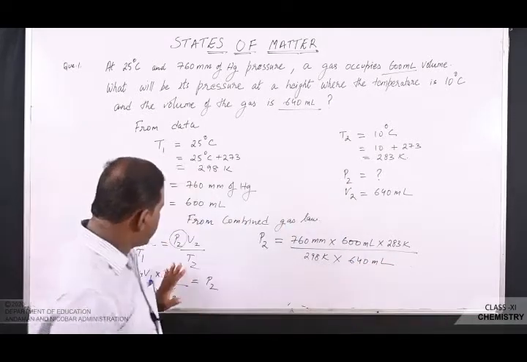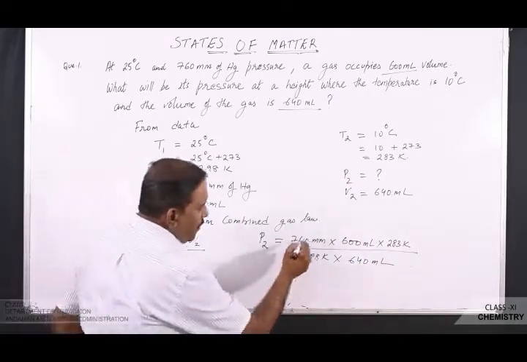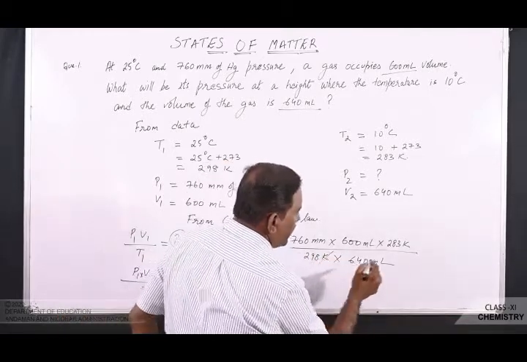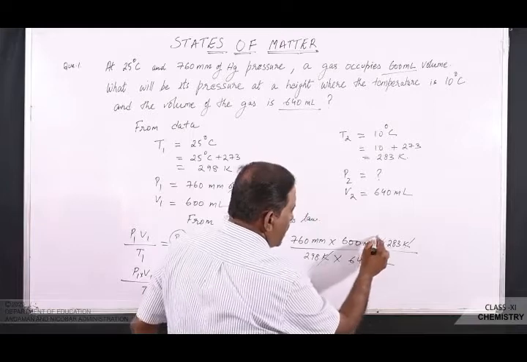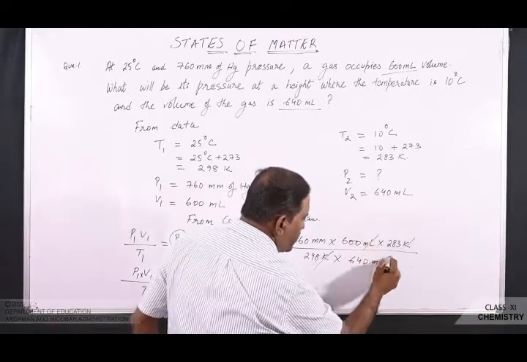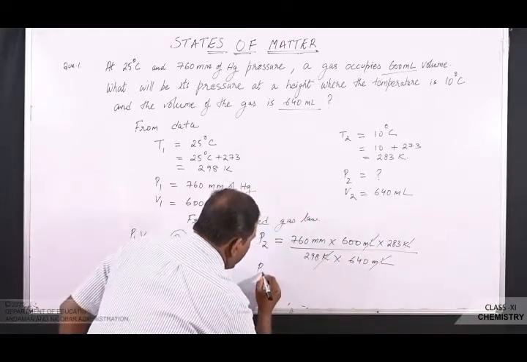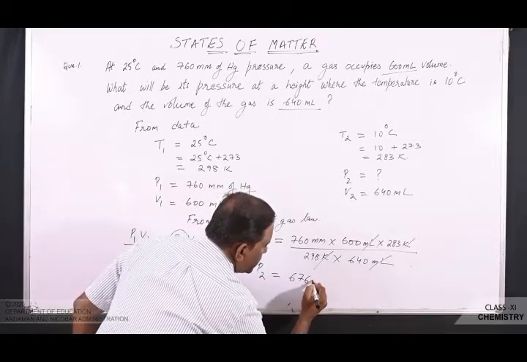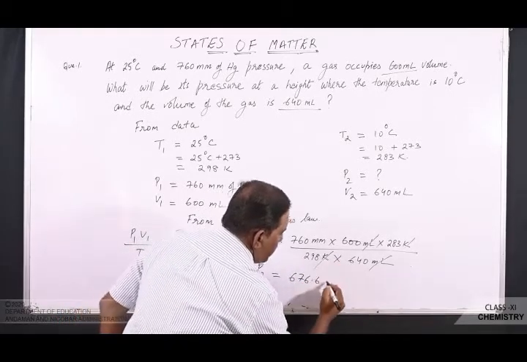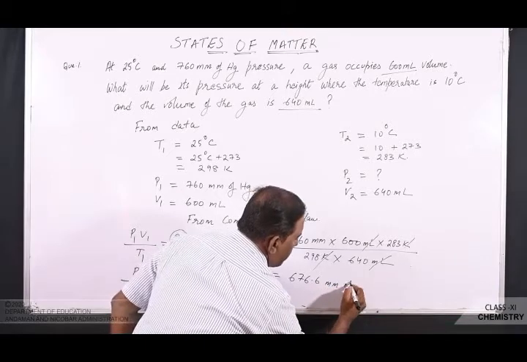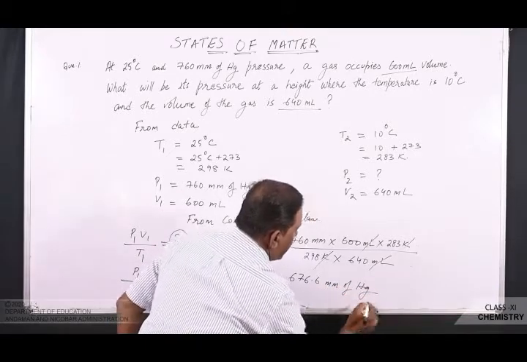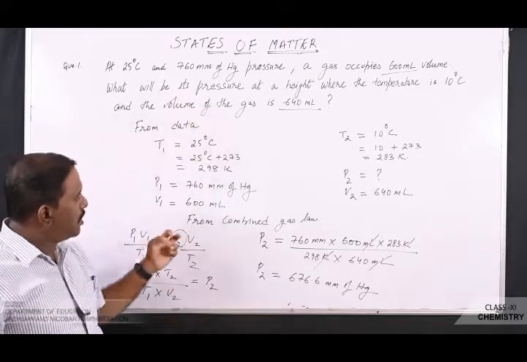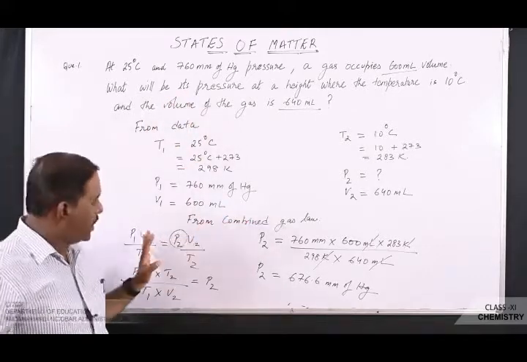Okay, students. So we have substituted all this. Kelvin cancels with Kelvin, and ml also cancels. So when we calculate, P2 comes out to be 676.6 mm of Hg. In this way, the given question can be solved from the combined gas law equation.